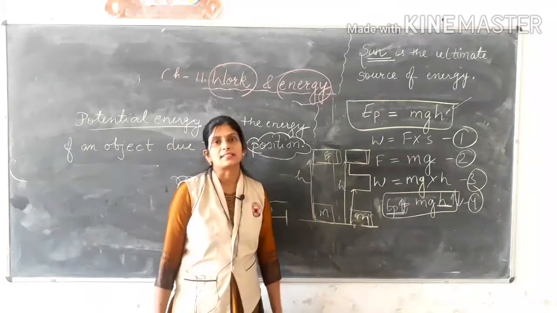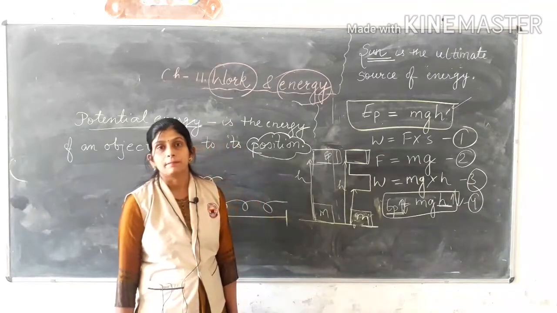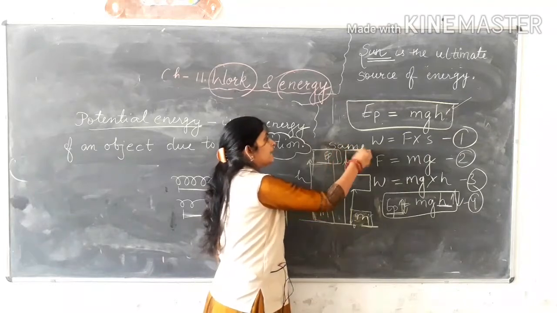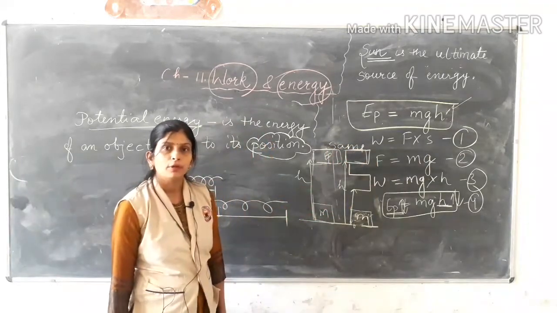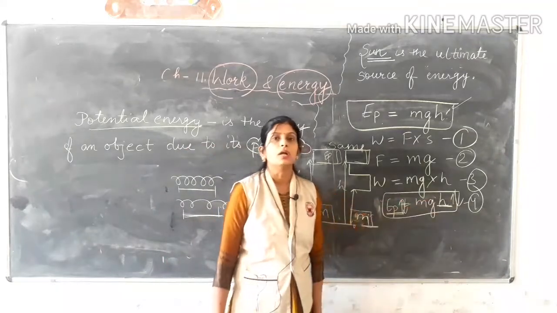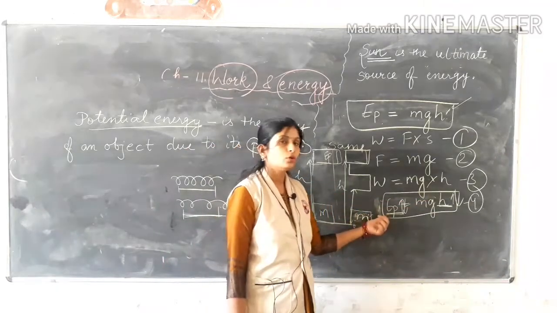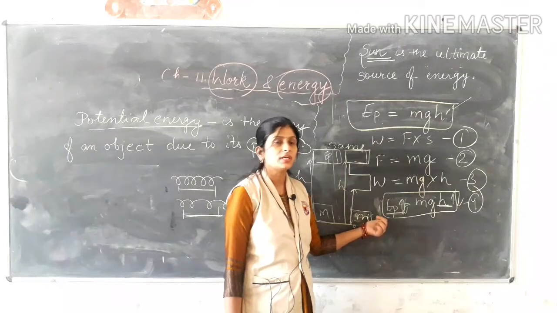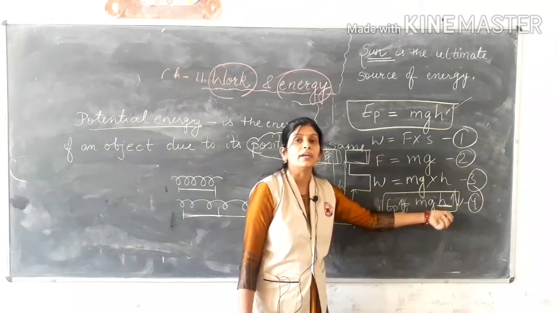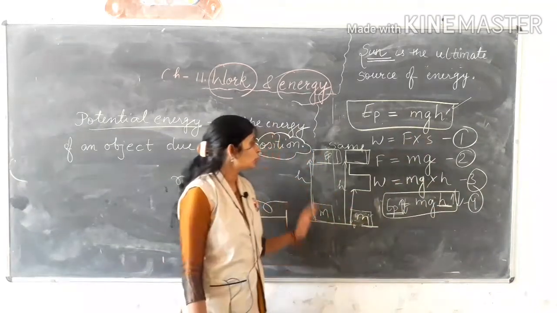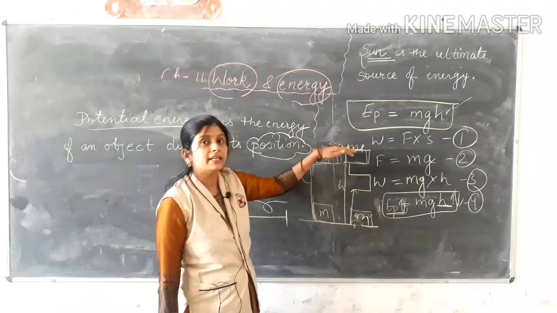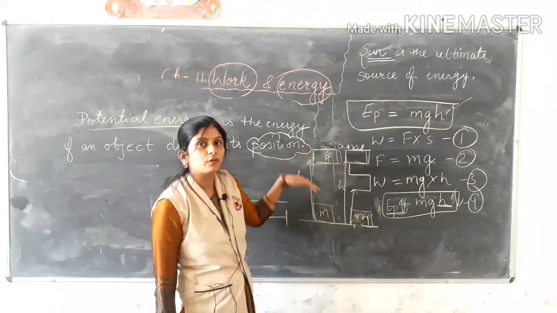Which of the objects has more potential energy? The answer is both objects have the same potential energy, because I already told you potential energy is equal to mgh. So it is clear from the formula that potential energy is directly proportional to the vertical height from the ground. Both objects attain the same vertical height h from the ground.